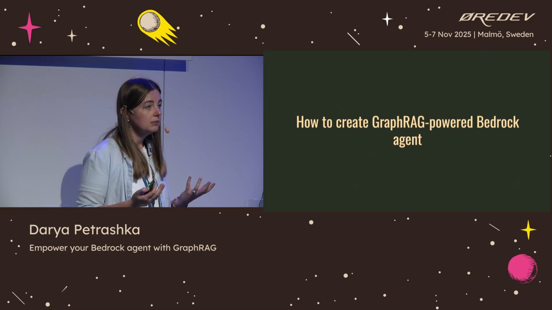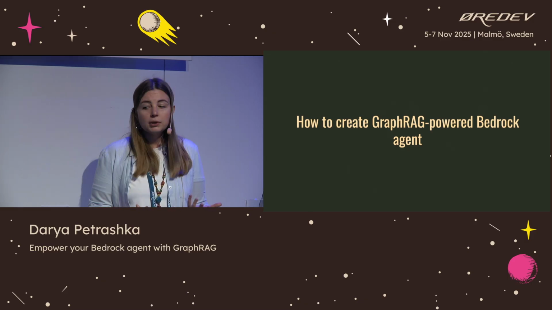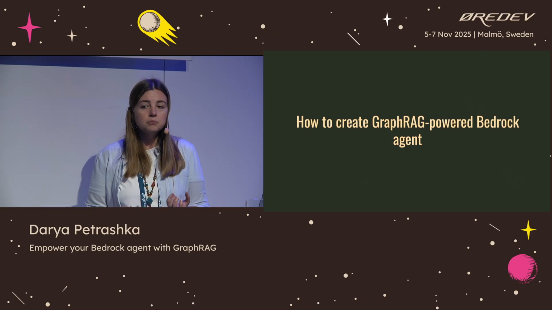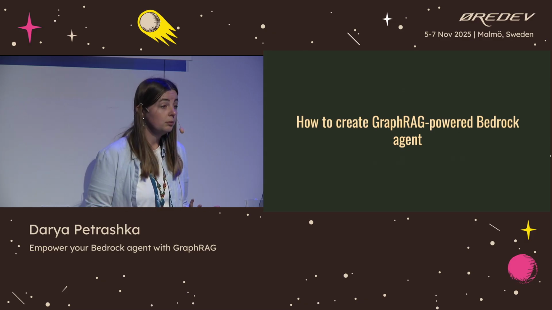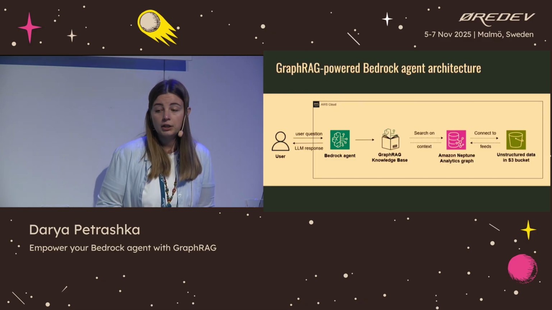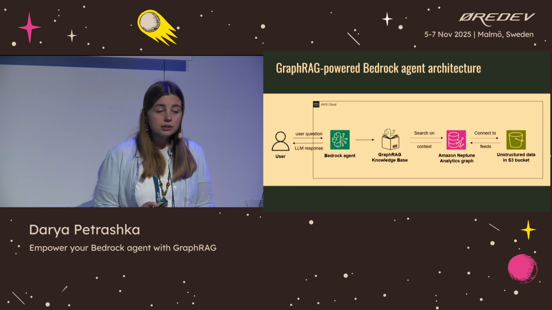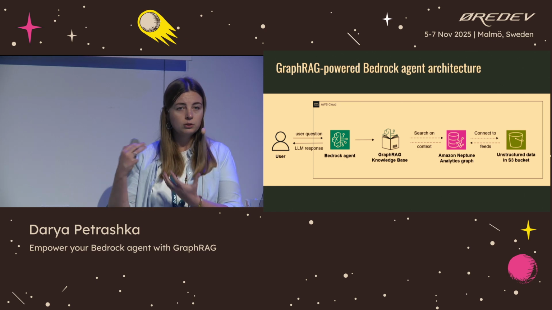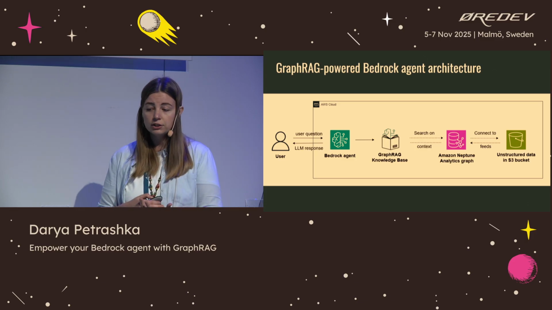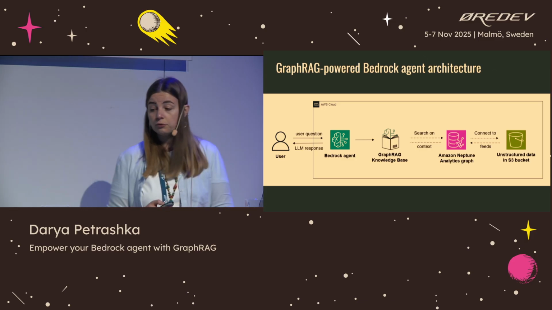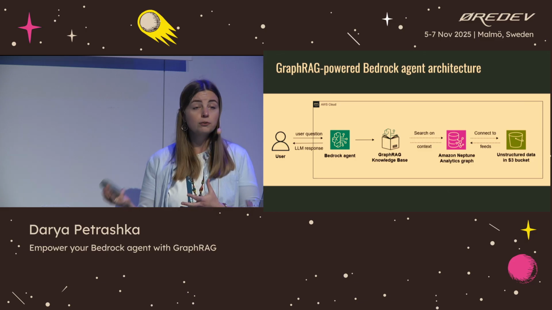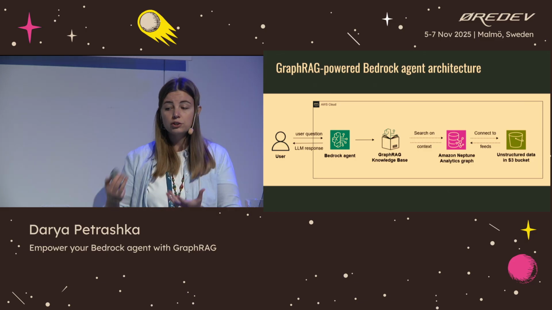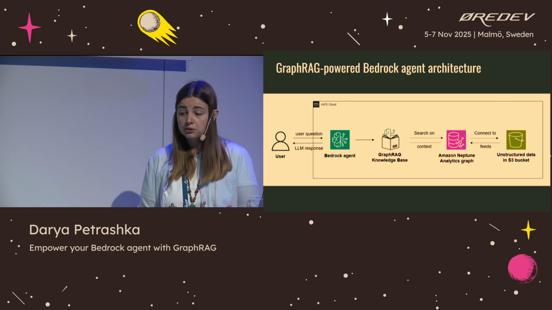Now we can talk about how to create a basic GraphRAG-powered Bedrock agent. The architecture would be quite simple. We have a Bedrock agent which is doing the user interaction. We have our GraphRAG knowledge base, which is connected to our Bedrock agent.